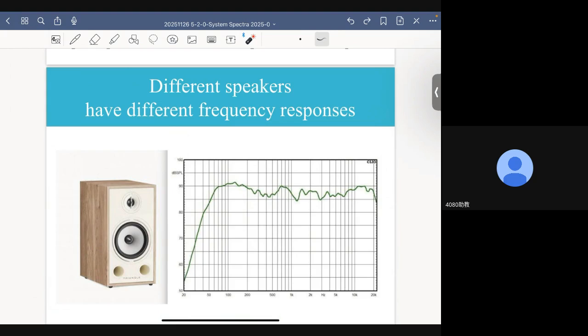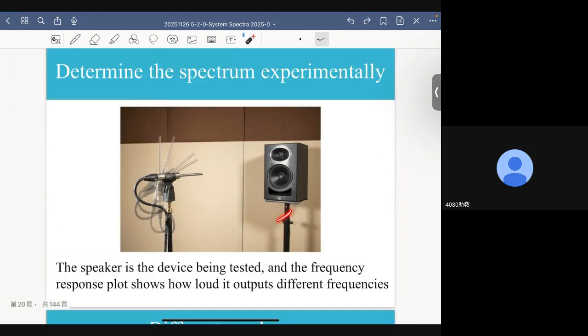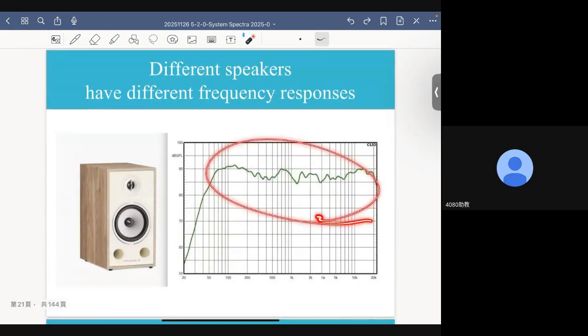But any good loudspeaker or good earphone manufacturer performs such a test to determine the frequency response of their loudspeakers or earphones. And sometimes they modify their design for better frequency response, or at least the frequency response they prefer.